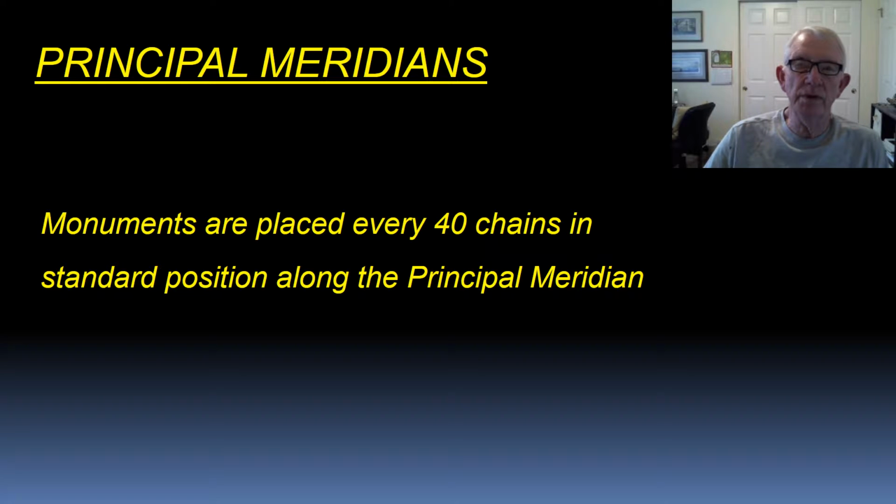If you remember that there are 80 chains in a mile, then 40 chains is a half mile. So every 40 chains, they would set a monument on this principal meridian in what they called standard position, where they're supposed to be. So we had monuments heading north and south every half mile.